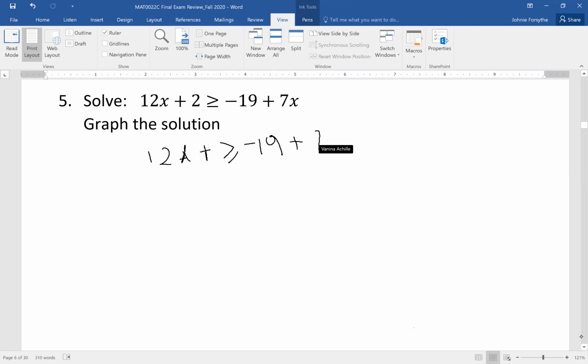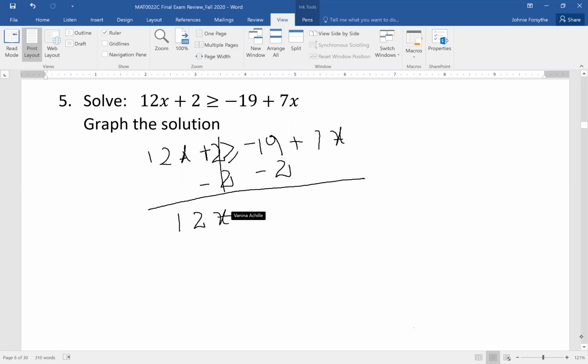All right, so first thing I'm going to do is subtract 2 from both sides. I like to put them under its like term. This cancels. Now I have 12x greater or equal than negative 21 plus the 7x.